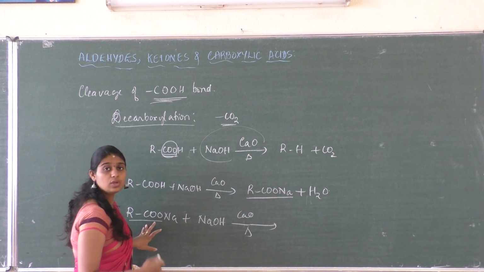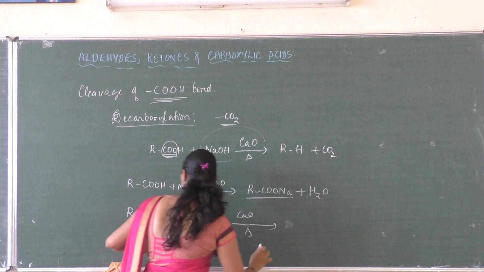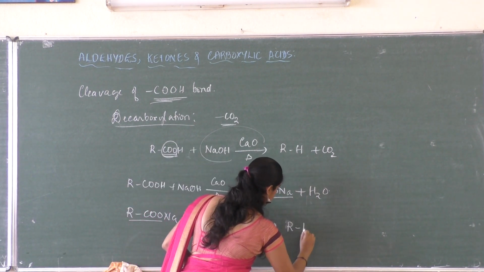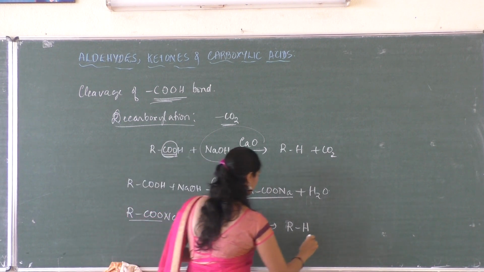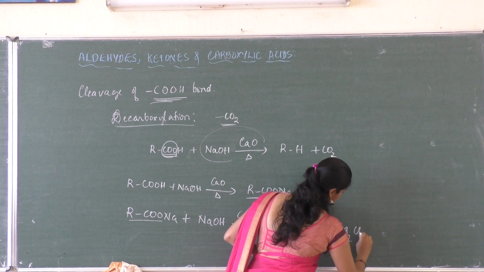So the removal of carbon dioxide takes place so as to form, let's write the main product, that is R and H, plus Na2CO3.